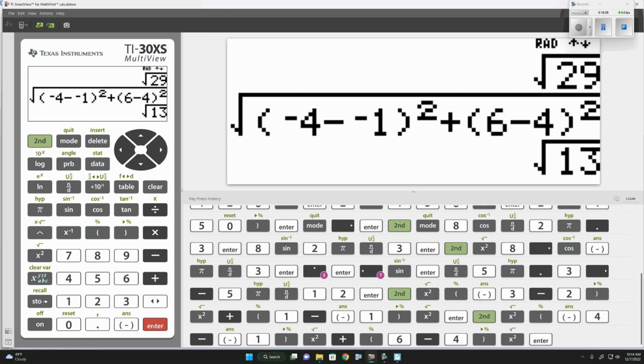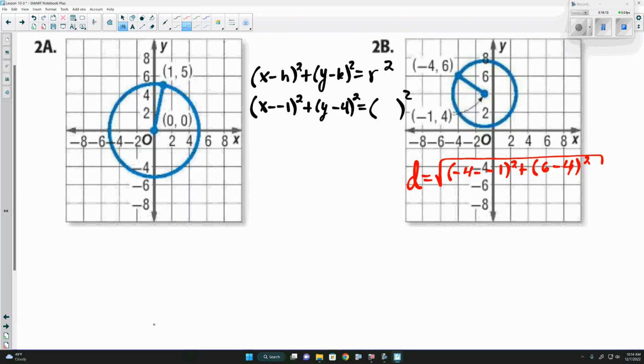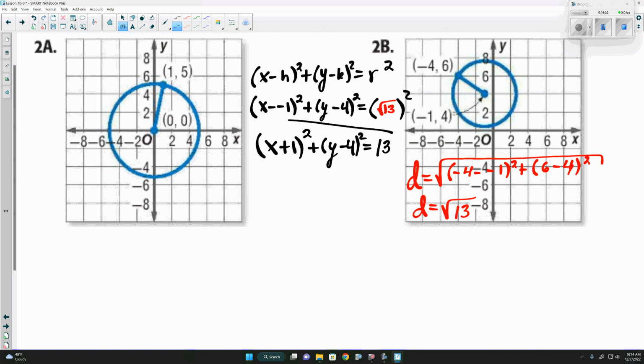And we get square root of 13. Now the negative gives us a plus, so we have x plus 1 squared plus y minus 4 squared is equal to 13.